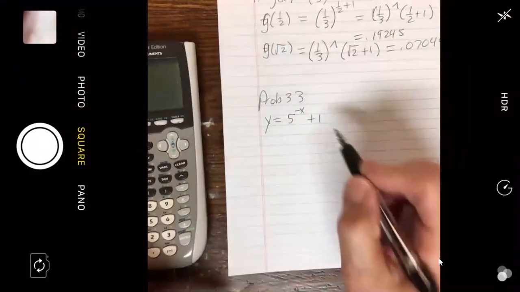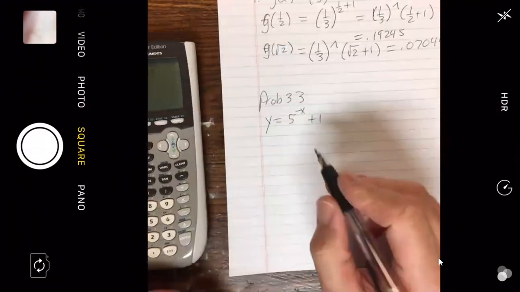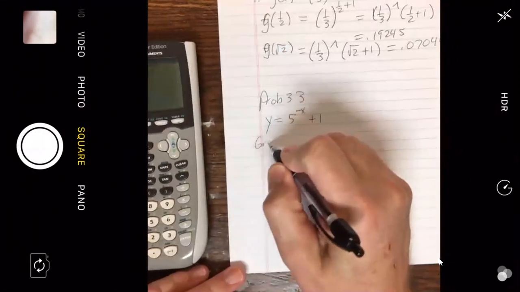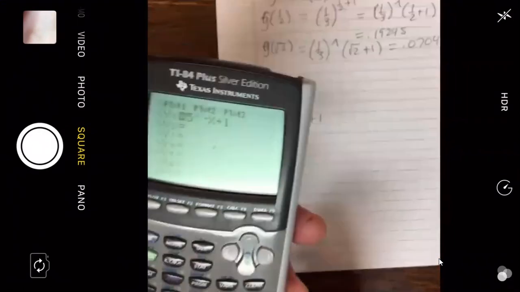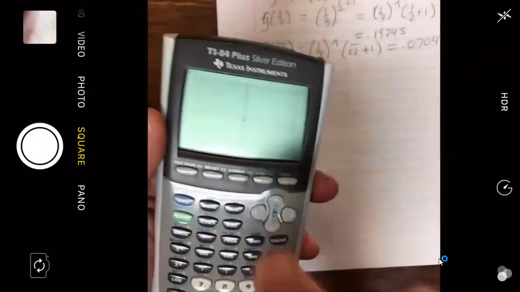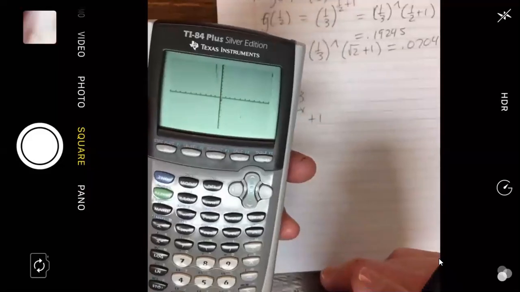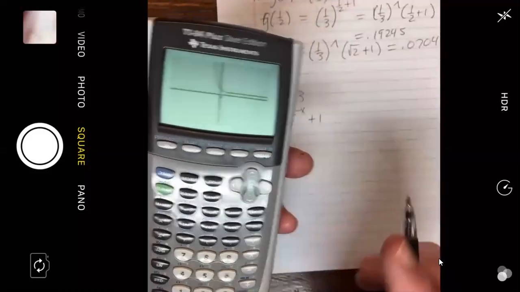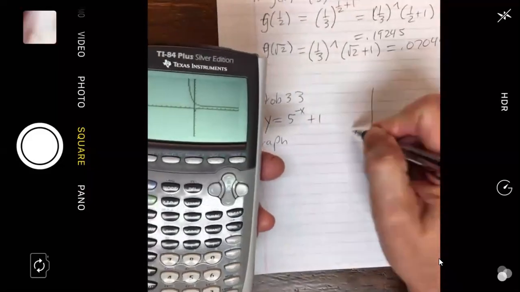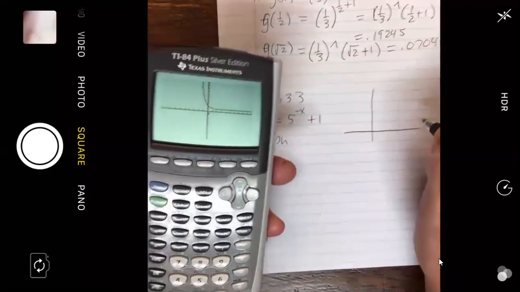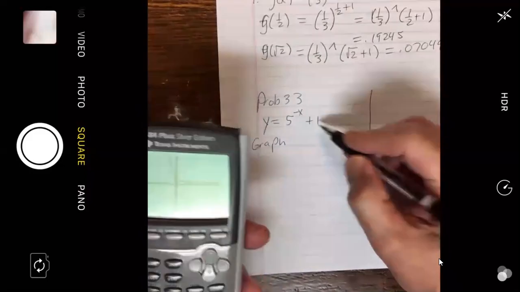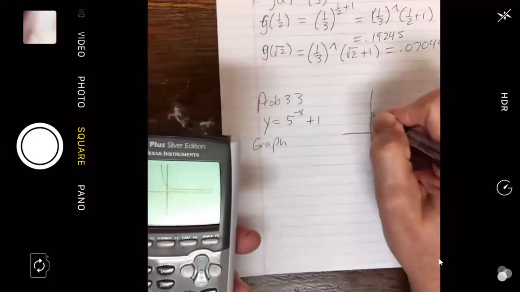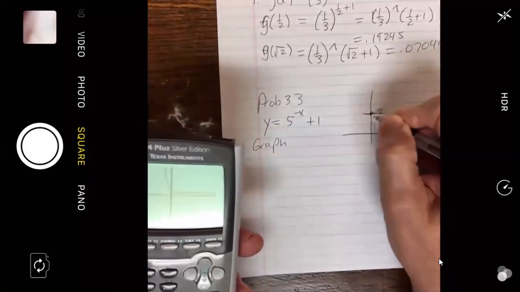Okay, so there we have problem 33. Graph. I've entered it. Graph. Okay, so this one is actually going to cross at 2. X is 0, 5 to the 0 is 1, plus 1 is 2. So it crosses at 2.